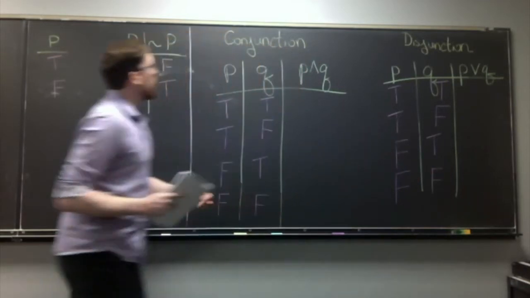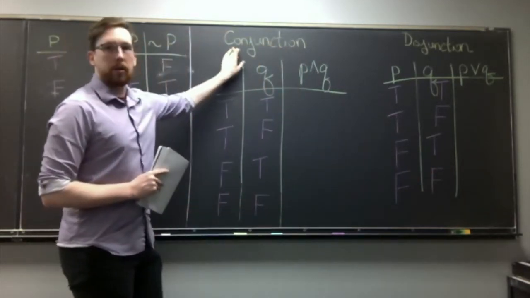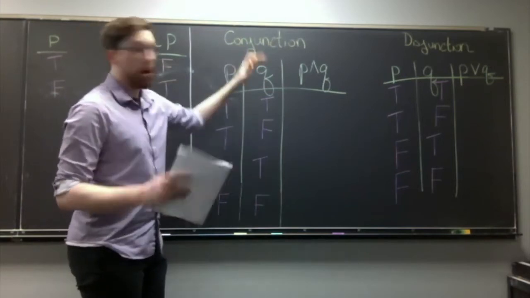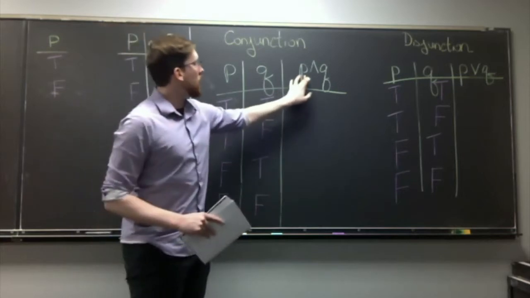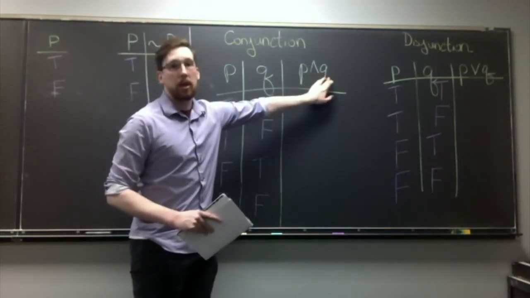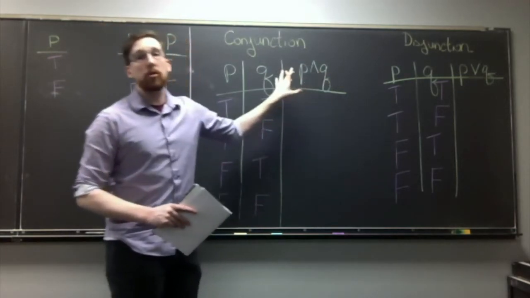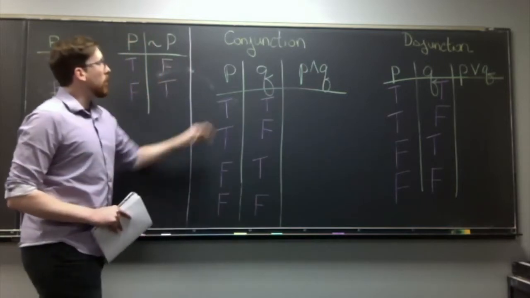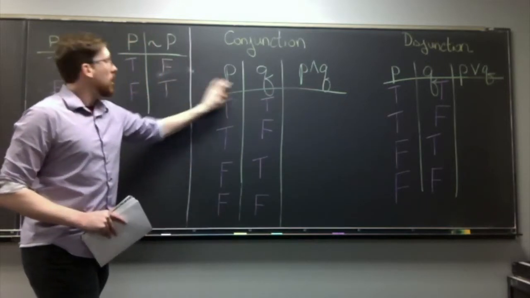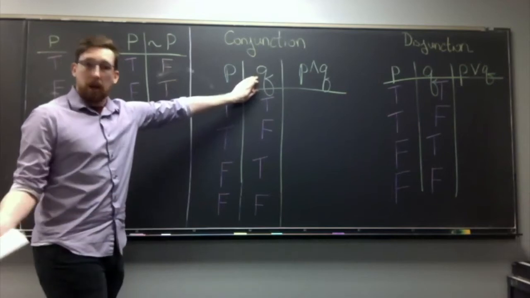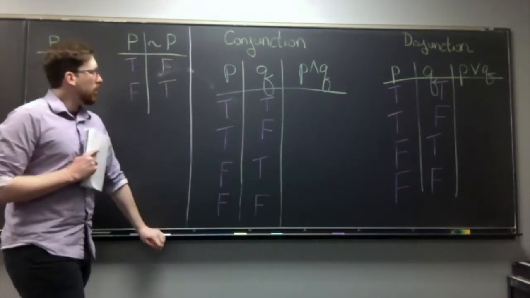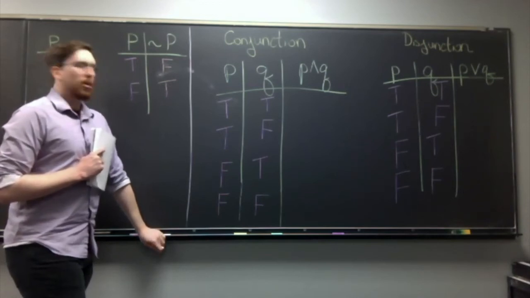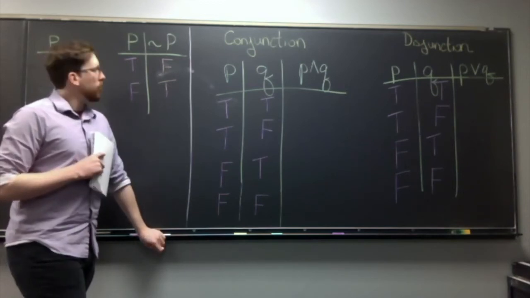Cool. Let's now look at what's called the conjunction. The conjunction, a conjunctive statement, is the statement P and Q. For this truth table, we want to start off by looking at P, and we want another column looking at Q. Well, there's a couple cases we now have to worry about.